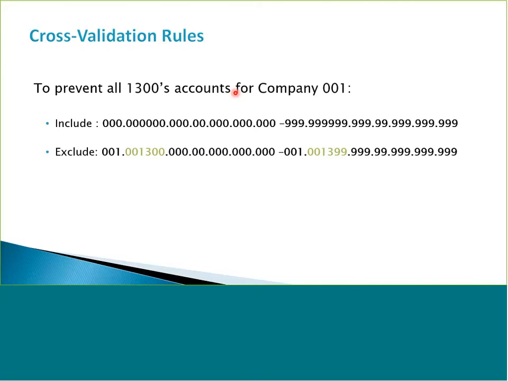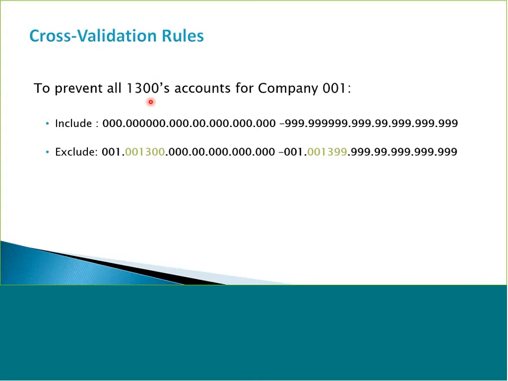So as an example, let's say we don't want our company one to use the natural accounts in the 1300 range. As we are going to see once we start entering, this 1300 range of natural accounts I believe is receivables.